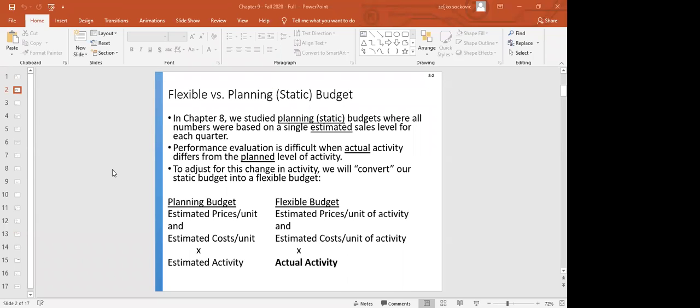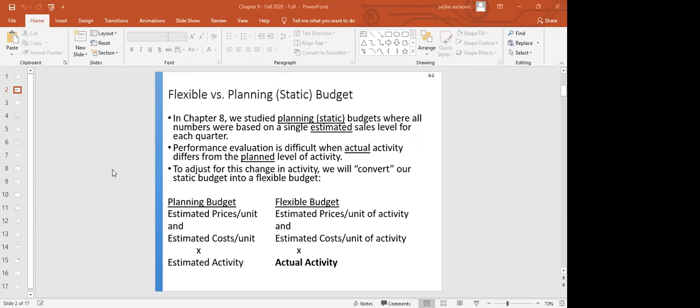Now, how do we compare when we get to the end of the year and we get actual results? We get the real thing, what actually happened. How do we compare this to our budget in terms of performance? Because the second part of the class deals a lot with performance.